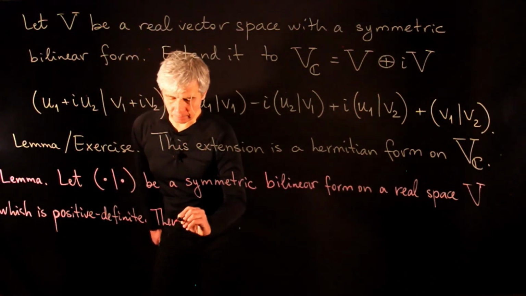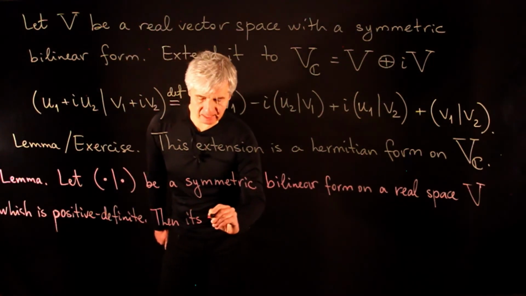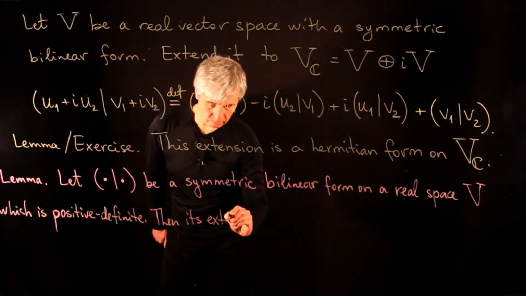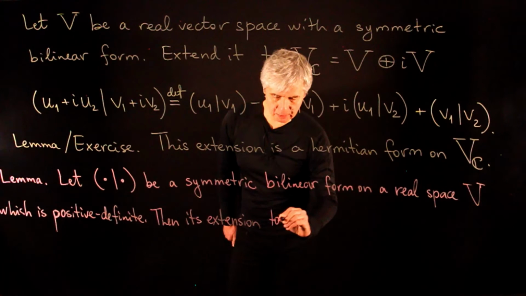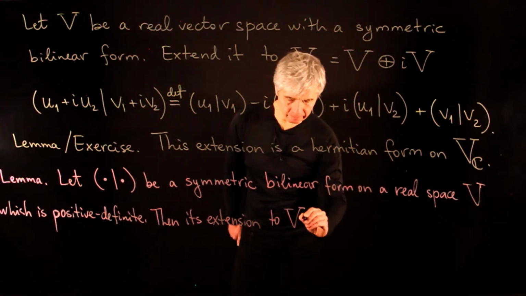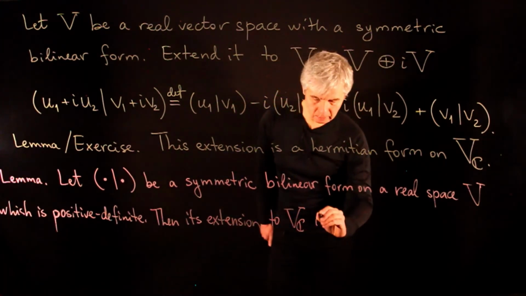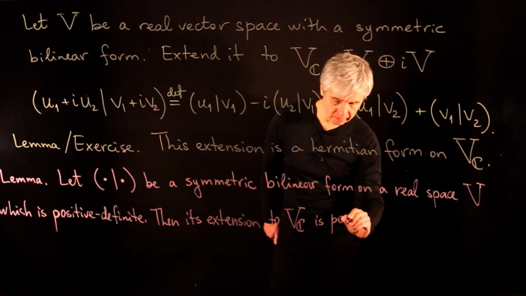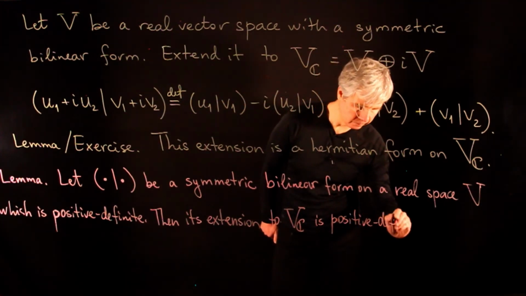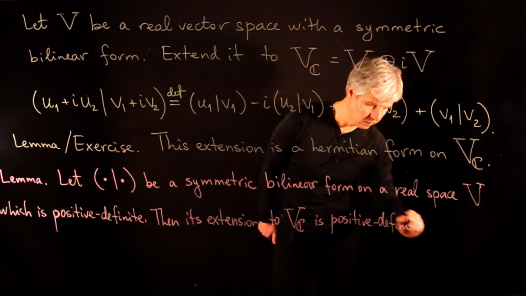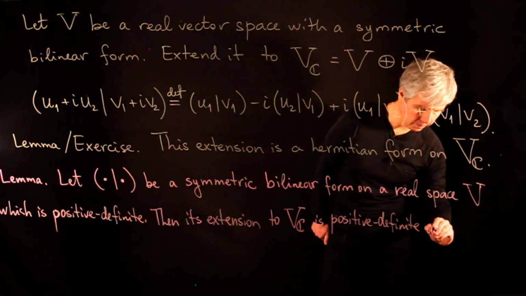Then its extension to complexification VC is positive definite as a hermitian form.